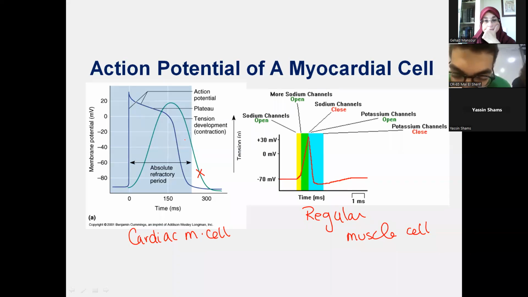It's less spiky. But how can you translate it more accurately? What in the action potential representation of the cardiac muscle is not present in that of a regular muscle? Focus on the blue curve, please. Yes, I'm looking to a plateau. Yes, very good. We have here the plateau.